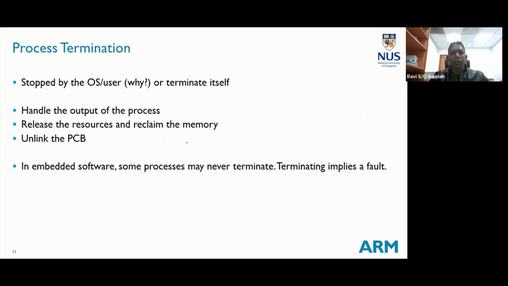Now, process termination. That means I do not want this process anymore in the system. This usually does not happen in embedded OS, correct? Why? Because in most cases, like I said, the whole idea is the process itself is the main aim of the application. So any task that you create is supposed to serve some function, correct?